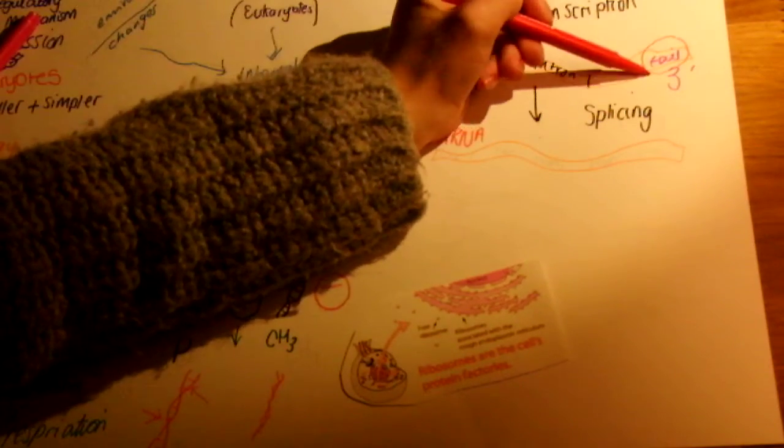This cap and this tail allow stability to the mRNA and delay the degradation in the cytoplasm. So I will go over that in a second. The addition of the cap and the tail allows for two things.